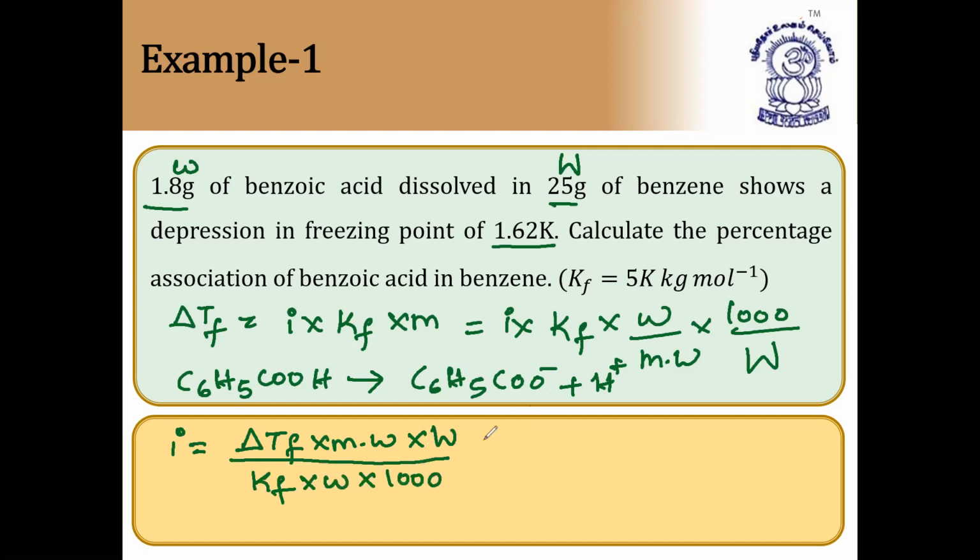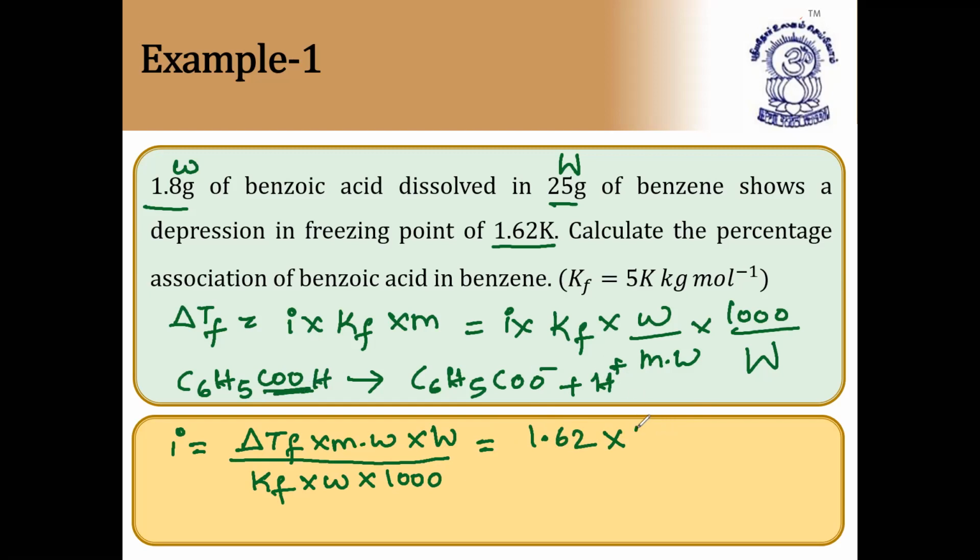So substituting these values, let us see. i is equal to delta Tf, which is given as 1.62 K, directly the depression in freezing point, into the molecular weight of the solute. Molecular weight of the solute, benzoic acid, C6H5COOH: carbon 12 into 6 is 72, 72 plus hydrogen 1 is 73, plus hydrogen 1 into 5 is 77, plus carbon 12 again is 89, plus 16 is 105, plus 16 is 121, plus 1 is 122.